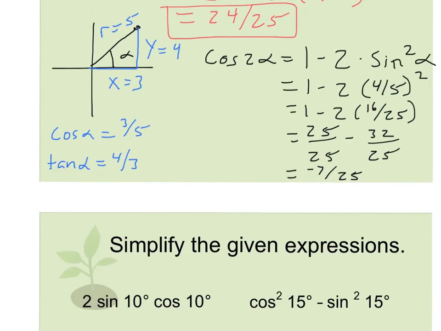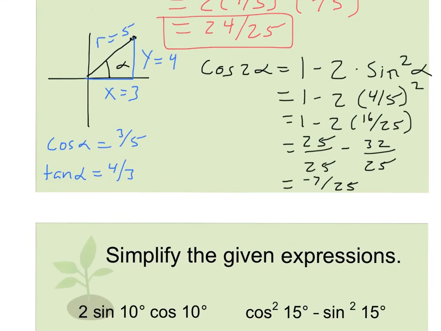It says to find tangent. I'm running out of room here, so I'll get you set up on this one, and then you can take it from there. Tangent of 2 alpha equals, according to our formula sheet, and it's been proven, though we have not gone through the proof ourselves, so we're just buying what our book is selling, 2 tangent of alpha over 1 minus tangent squared of alpha.